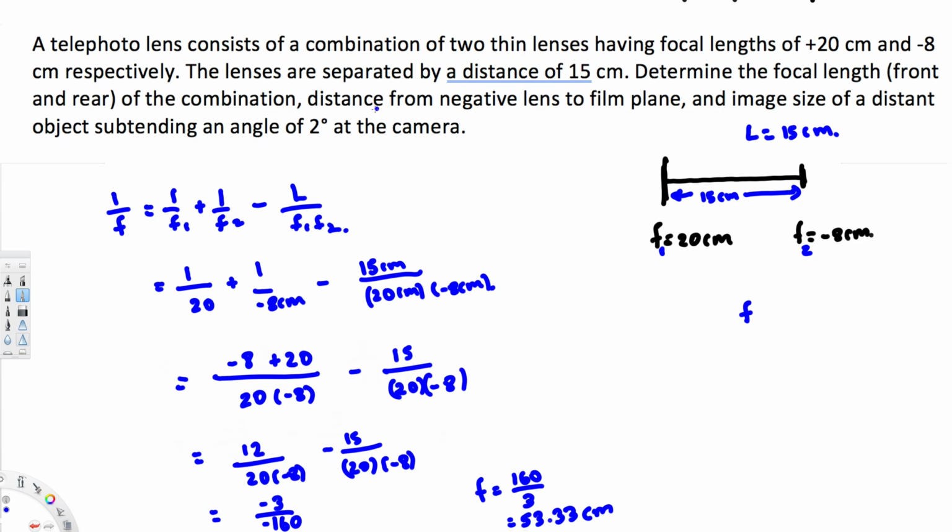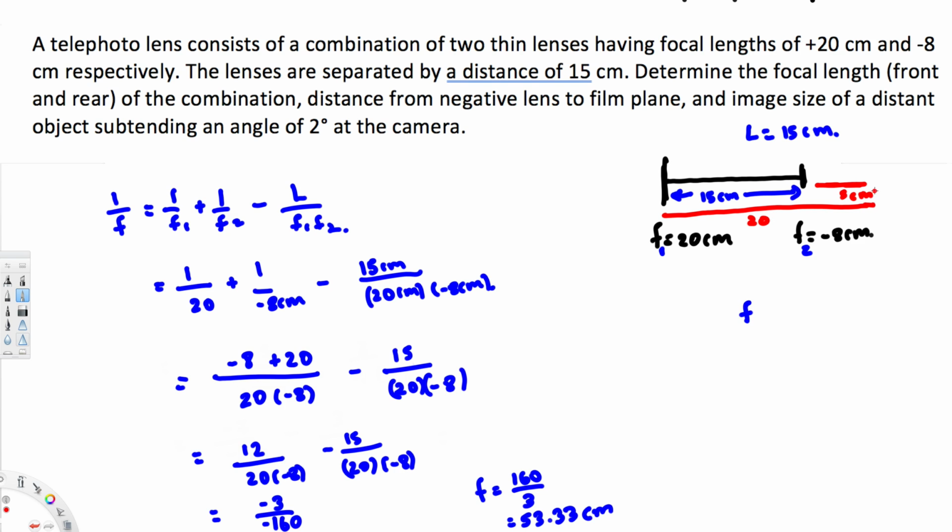Now the next question is, what is the distance from the negative lens to the film plane? For a telephoto lens, we consider the object to be at infinity for the first lens. If the object is at infinity, the image is going to form at the focal point of the first lens, that is 20 centimeter, and the lens separation is 15, so this distance is going to be 5 centimeter.